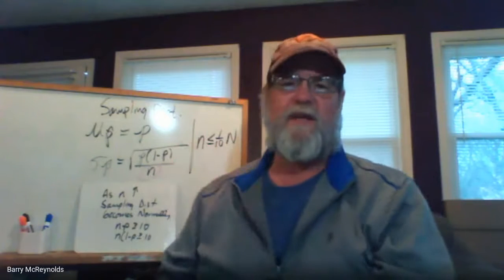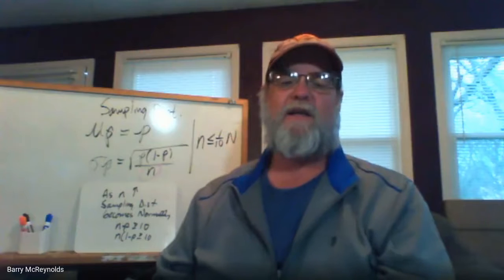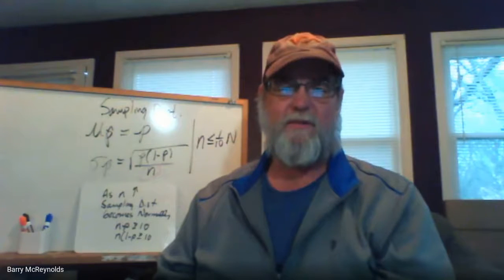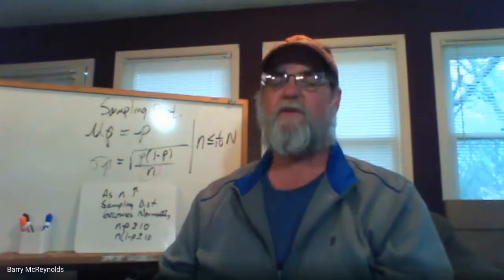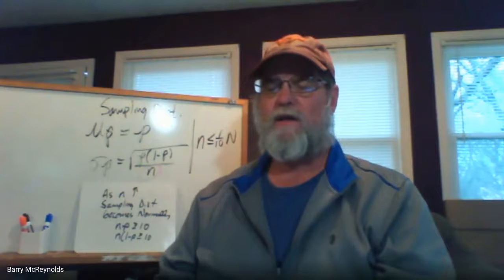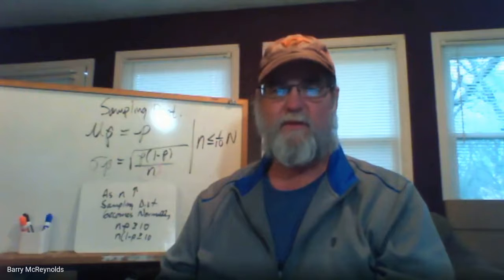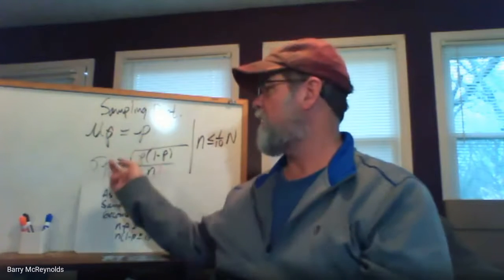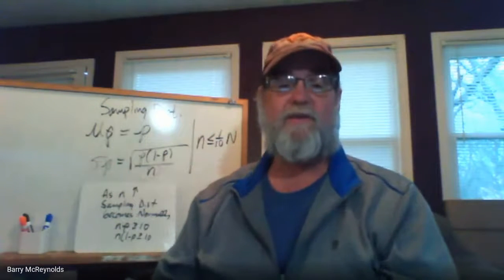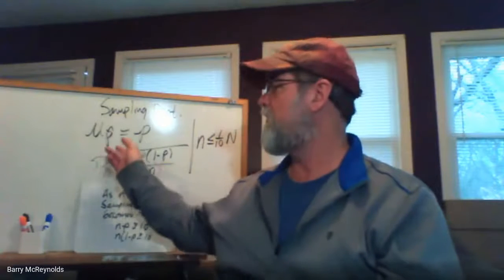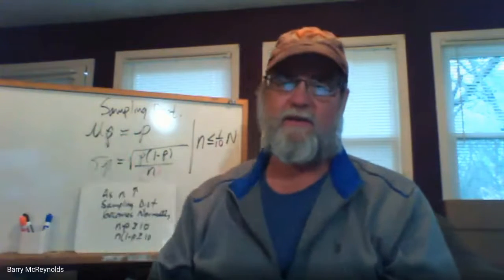In other words, if the sample size is less than 10% of the population, if the sample size is very small compared to the population, then these two things are true. If the sample size is large compared to the population, we can't depend on these things being true.